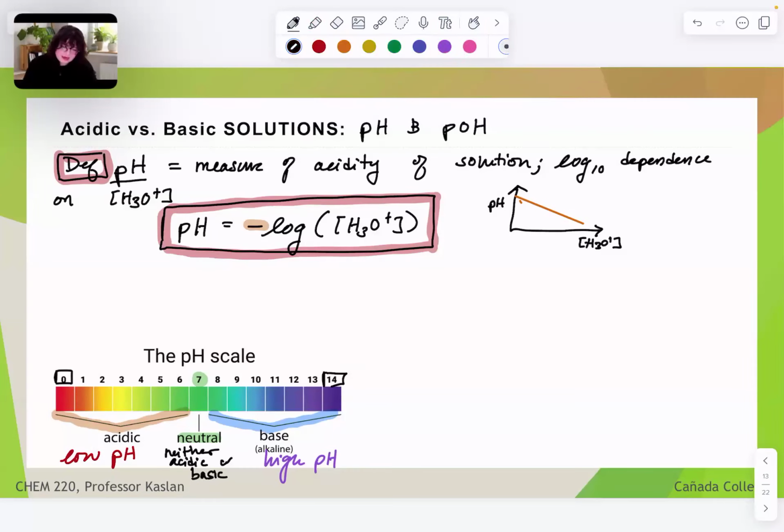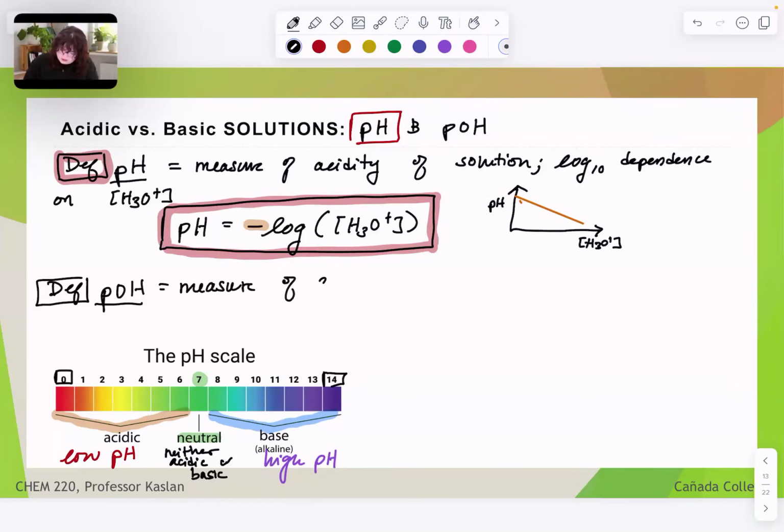Now we can turn this idea of pH on its head, because what if we're looking at a solution that we don't necessarily expect to have any kind of acid particle in it whatsoever? Like, what if we are looking at a sample of, let's say, a base that's been dissolved in water? So let's define the cousin of pH, pOH.